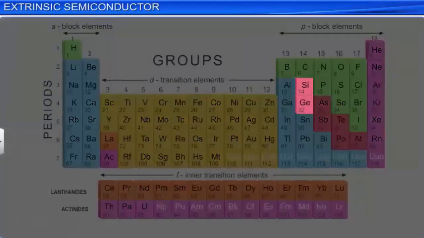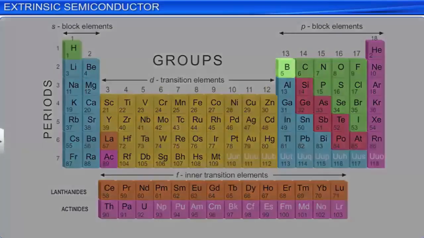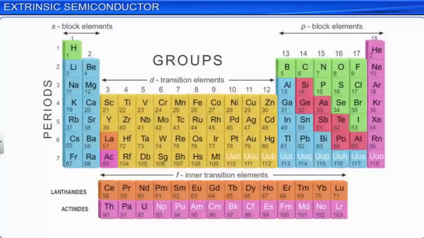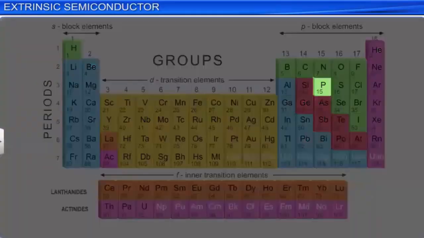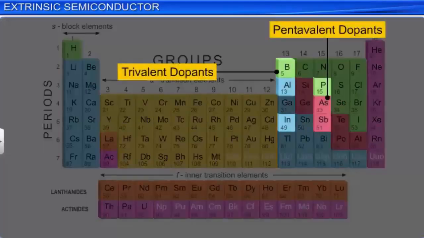Commonly used trivalent dopants that have 3 valence electrons are boron, aluminium, and indium. Commonly used pentavalent dopants that have 5 valence electrons are phosphorus, arsenic, and antimony. The addition of trivalent and pentavalent dopants creates 2 different types of extrinsic semiconductors.